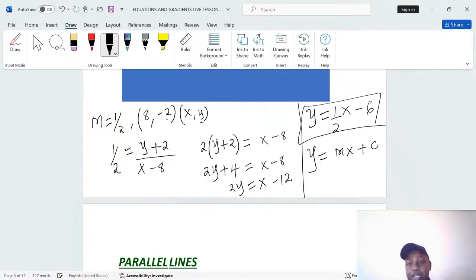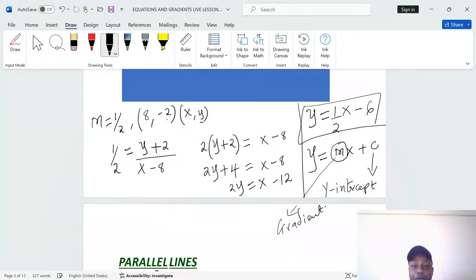It's also good to notice that when the equation has been expressed in this format, the value of the constant there gives us what we call the y-intercept. The y-intercept of a line is the point where the line cuts the vertical axis, or rather the y-axis. Then the value just before x, which is m, is what we call the gradient, or rather the slope.